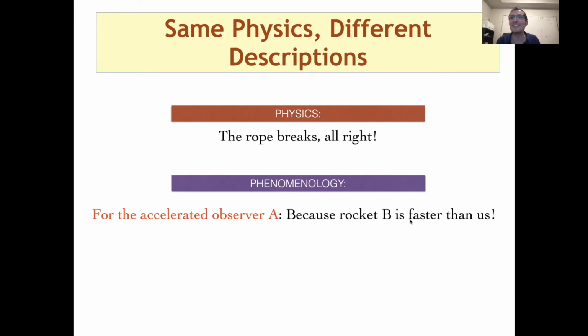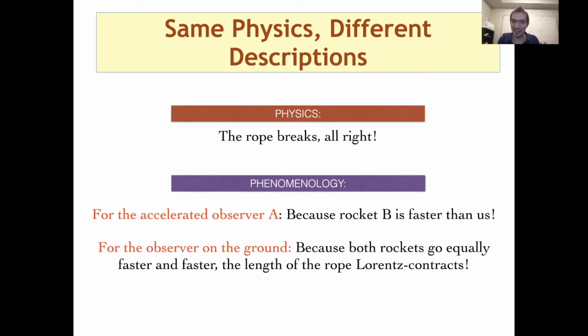How do you explain this from the point of view of the inertial observer? Well, I'm going to write something here that is not completely accurate, but gives the idea. Both rockets, keep in mind, are going faster and faster. So the rope is an extended object. What happens to the length of the rope as seen by the inertial observer? It would be Lorentz contracted.